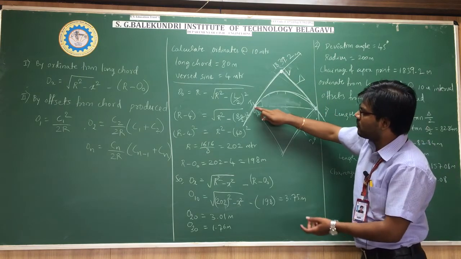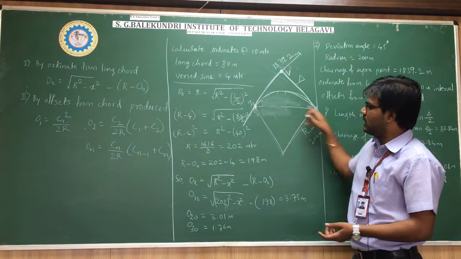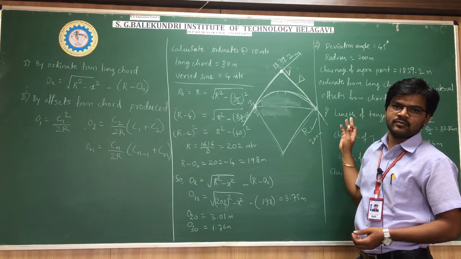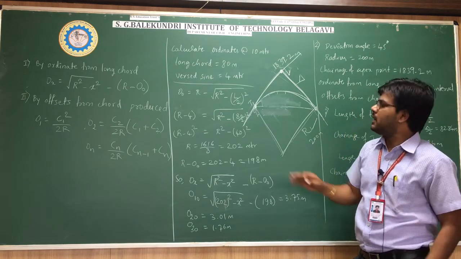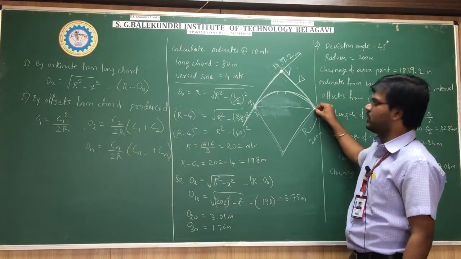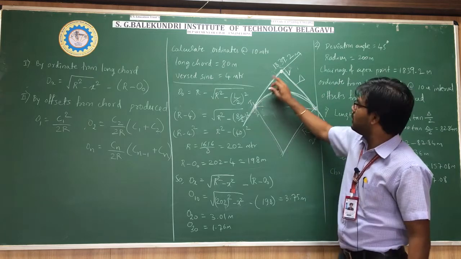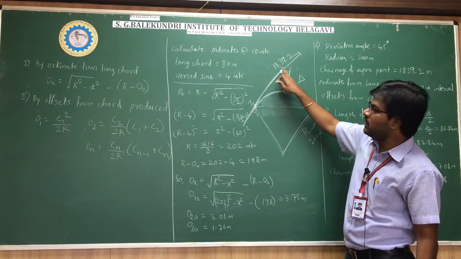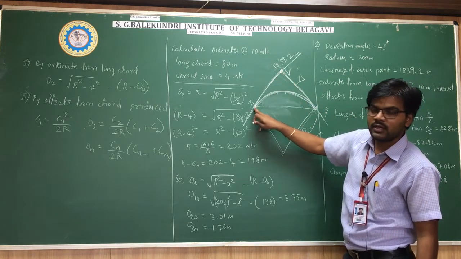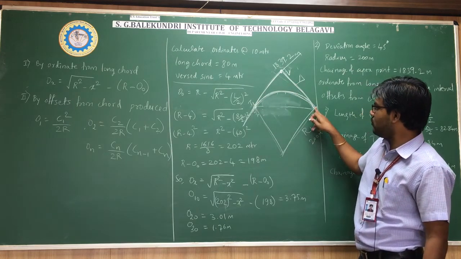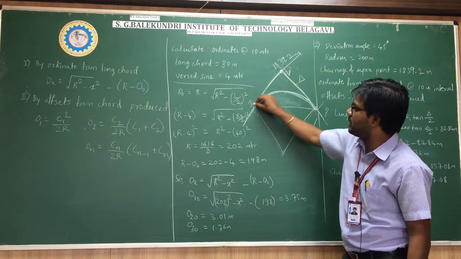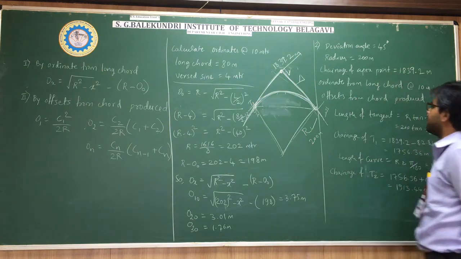Then only I can calculate the length of curve, length of long chord, everything. For example, if I want to draw a simple curve here, chainage is given, here to here I have to reach, and here I move, then I will get the length. Okay, let us discuss it.